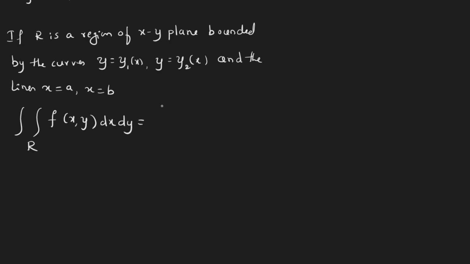What does it represent? It represents two curves. So what are the limits? x varies from a to b, and y varies from y1 of x, the first curve, to y2 of x. So f of xy dy dx. These are not constant limits.